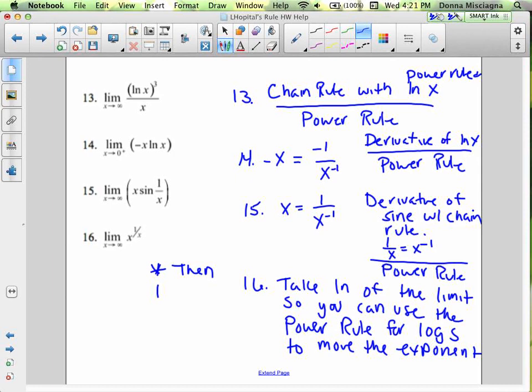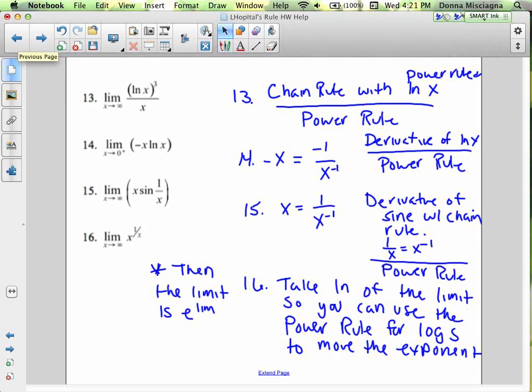then the limit, you have to undo that. So the limit is e to the limit, right? Whatever your answer is, it's e to that limit, because e to the x, making an exponent, taking an exponential of something, undoes taking the natural log of it.